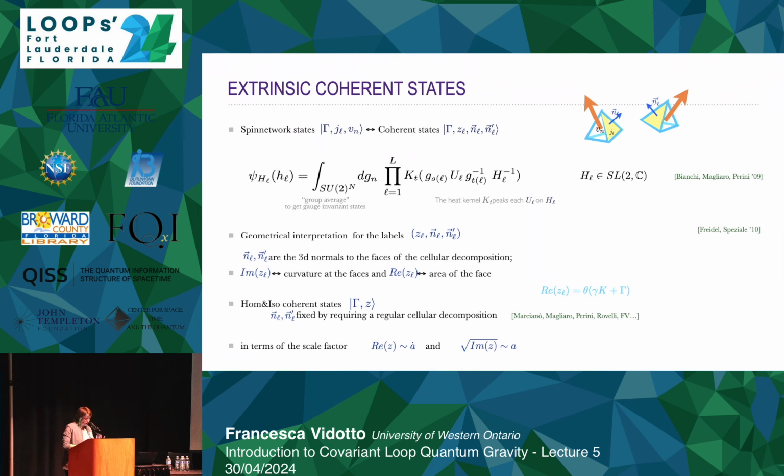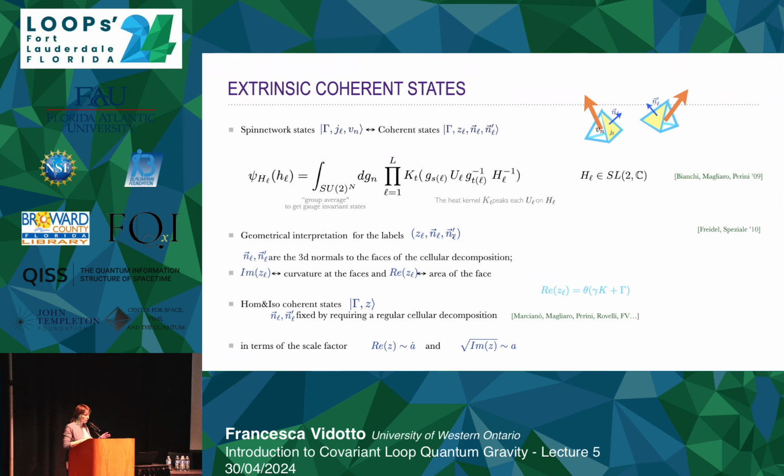Okay, so these slides are not meant to be discussed. The only thing that I wanted to say here is that you can approximate a homogeneous and isotropic geometry with coherent states, and in particular, you may want to use extrinsic coherent states. I have already told you that you have intrinsic and extrinsic coherent states.